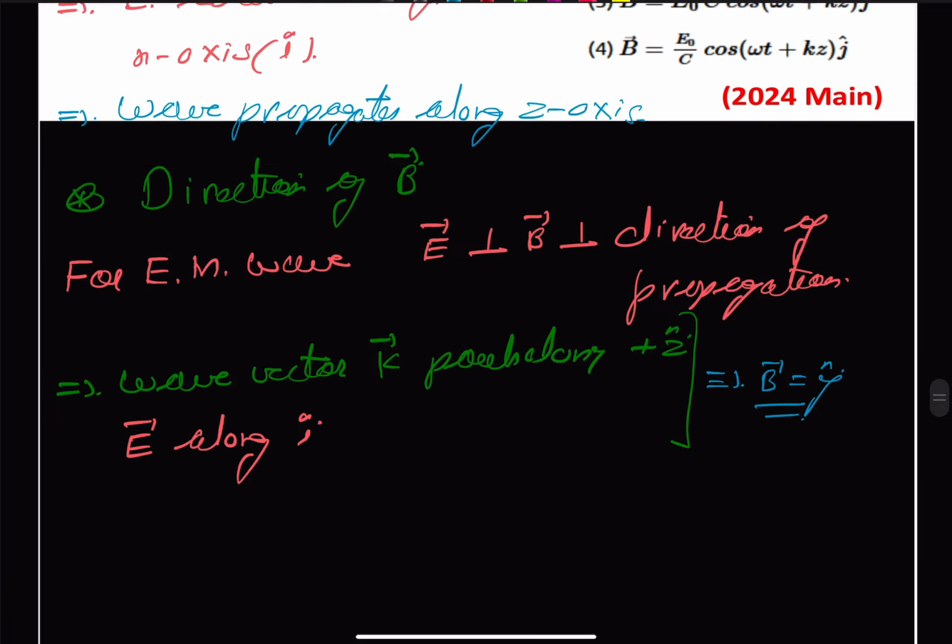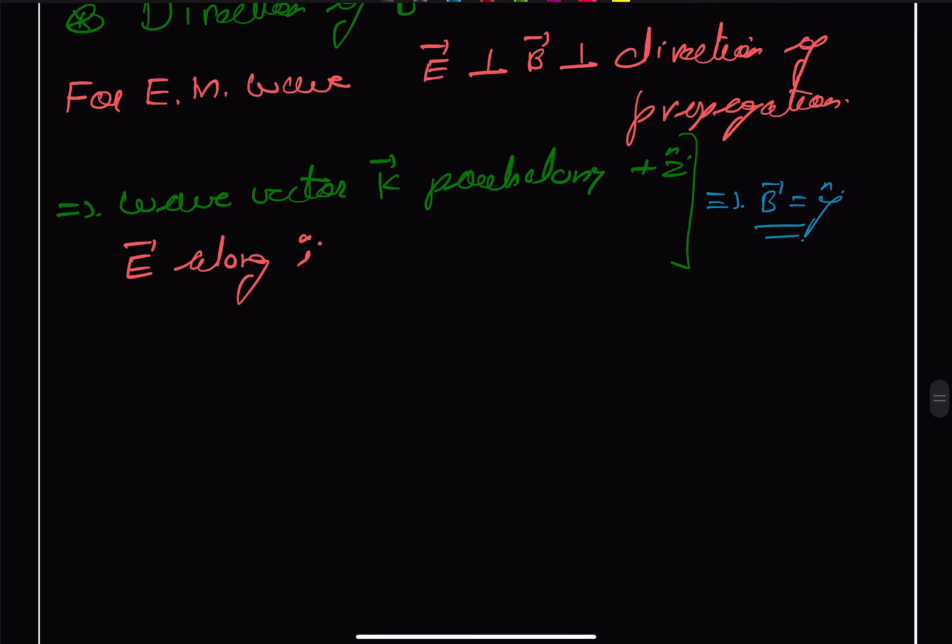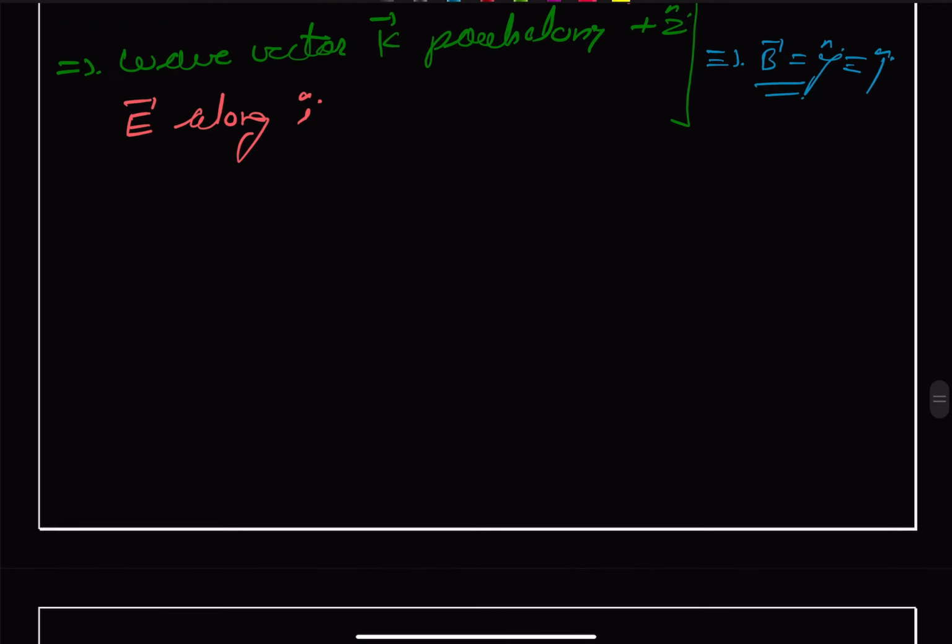Okay. In the question it is mentioned j, so let me write it j unit vector. And magnitude is quite easy. We can say that our magnitude B naught will be equal to E naught divided by c, where c is the speed of light.